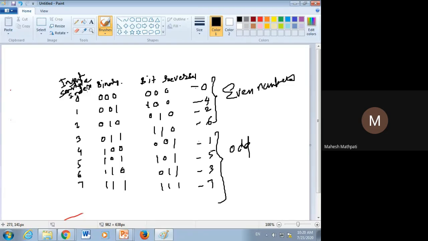Right? So this is how we are giving the input to the DIT FFT algorithm.